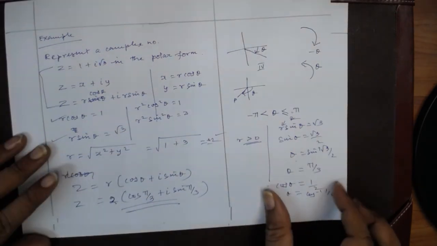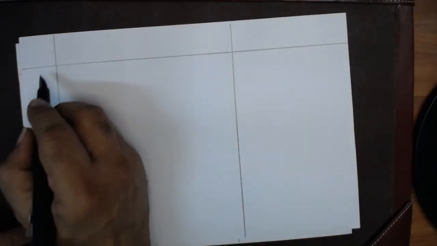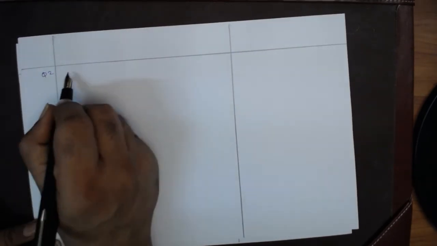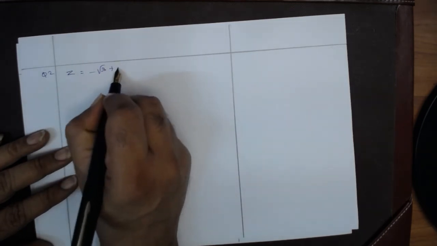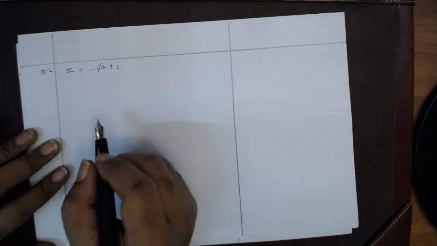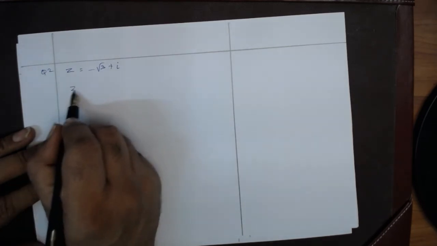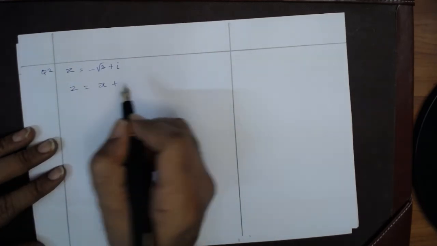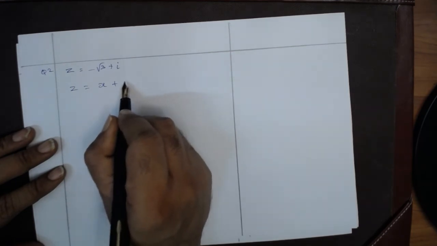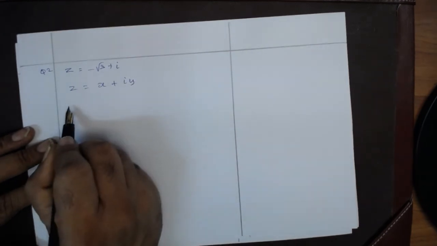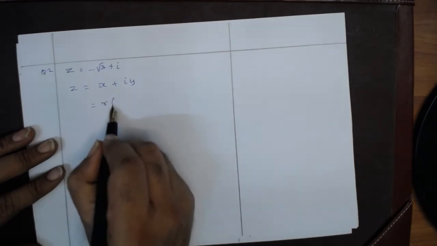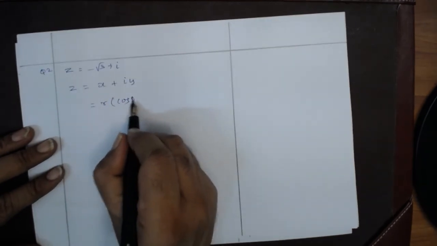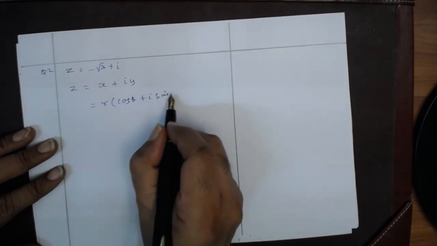Z is equal to minus root 3 plus i. Now we know z, how to represent by complex number, z is equal to x plus iy. And by polar coordinates, how to represent that? r of cos theta plus i sin theta.